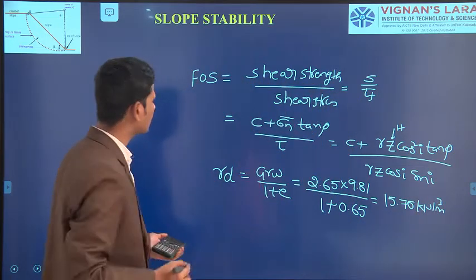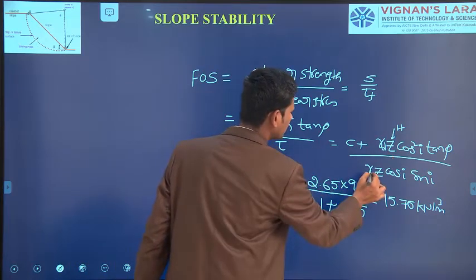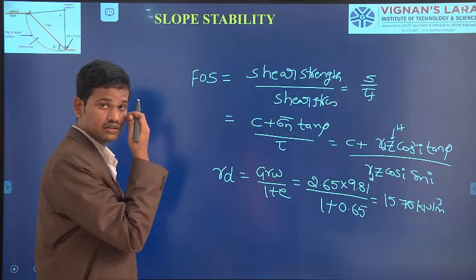Now we will calculate the factor of safety by substituting all these parameters, for the first condition when the soil mass is in a dry condition.